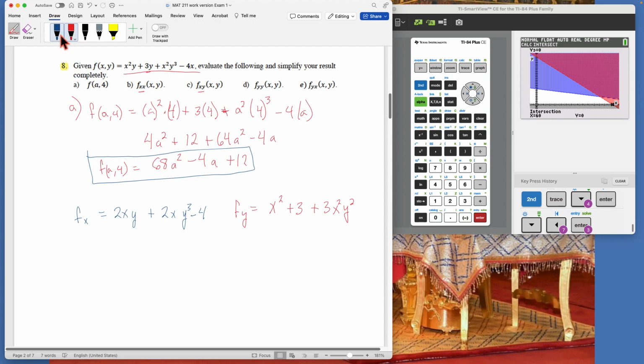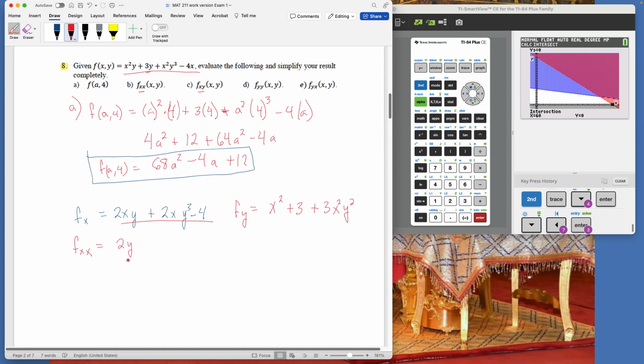Each first derivative has 2 second derivatives. So I'll show that this is the next level. I'm going to take this partial with respect to x, and I'm going to take its derivative with respect to x. So I don't go back to the original, I come to this one. This is what I'm going to take the derivative of. 2xy, I've taken the derivative with respect to x. Derivative of x is 1, so 2y.